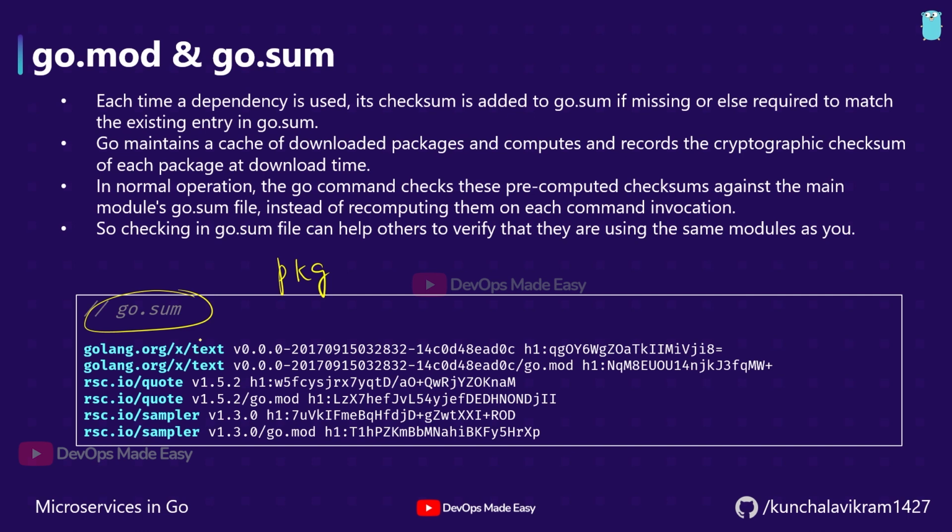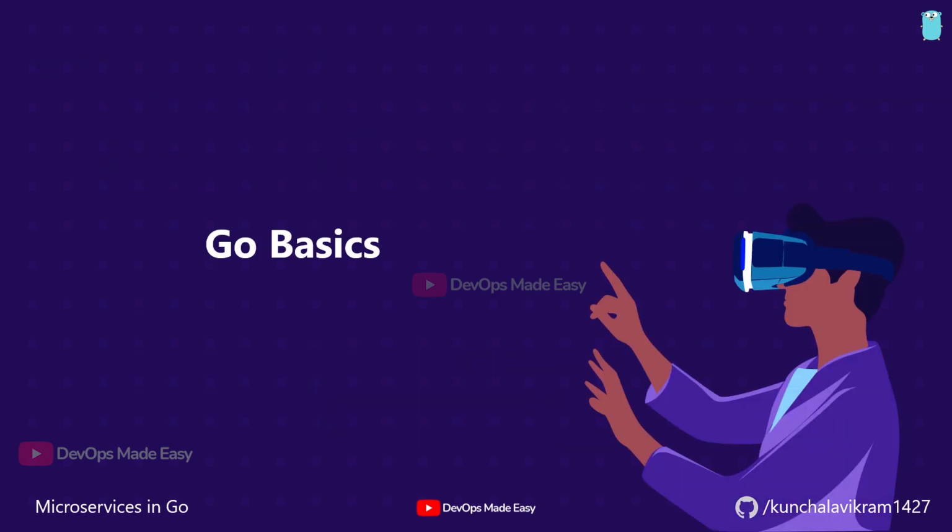Those checksums are compared with the checksums in go.sum. If there is a mismatch in the checksum, the modules are compiled again, but if the checksums match, we don't have to rebuild those modules. So it helps us build our Go projects faster by comparing the checksums.